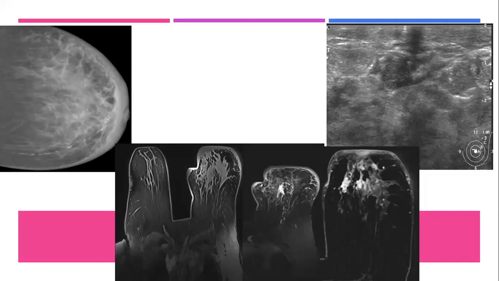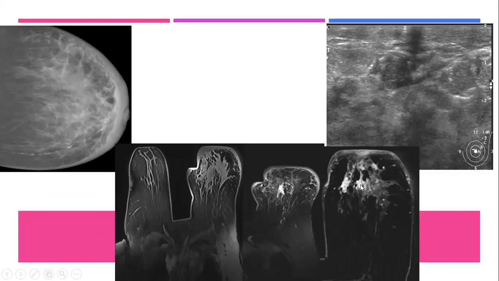And a tiny one, 5 millimeters or less, we call a focus. On MRI, either we have a focus, a mass, or non-mass enhancement. If we have only tiny ones like this, we can say we have a focus or foci.